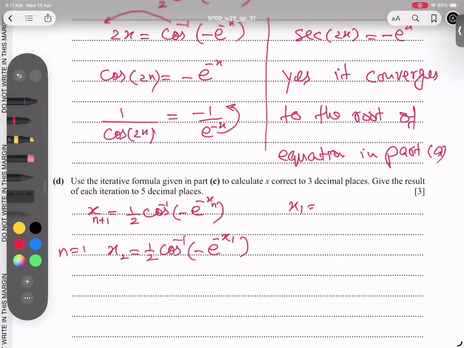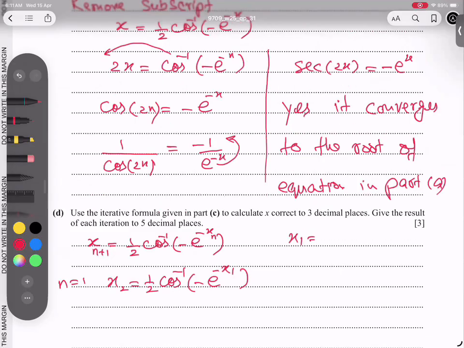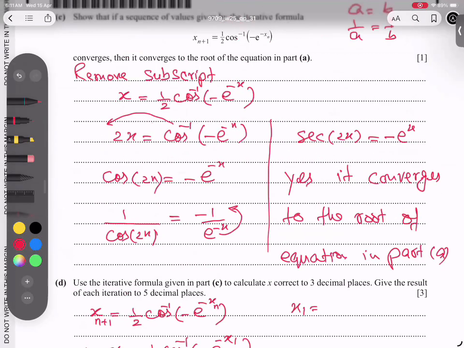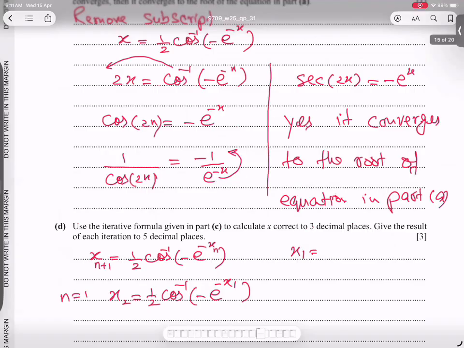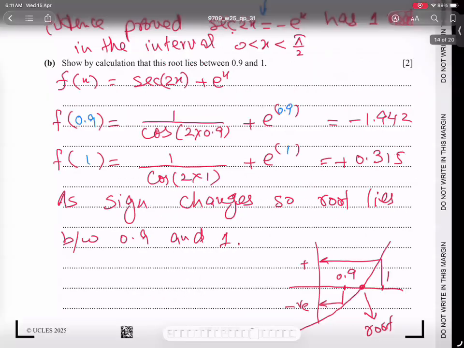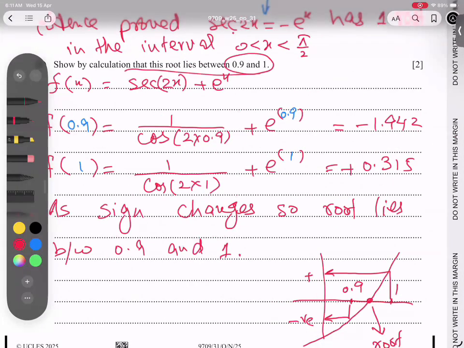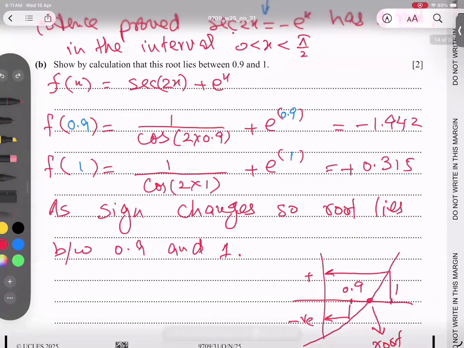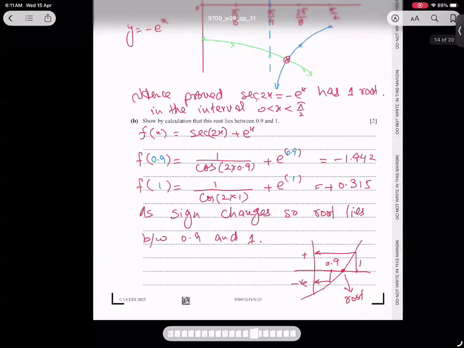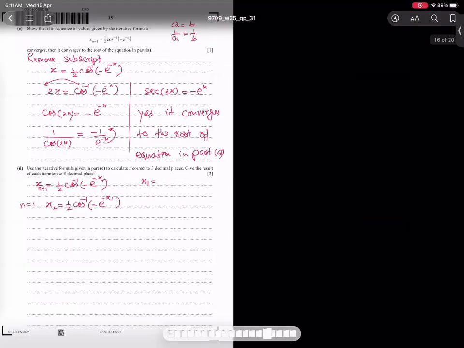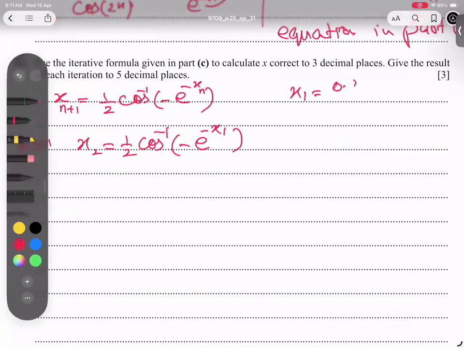We will take the average on the previous page. If you remember, we have done a calculation that root lies between these 2 points. So we will take average of 0.9 and 1. So it will give me the x1 value 0.95. I hope so, point is clear.